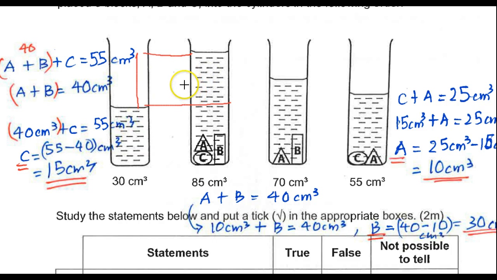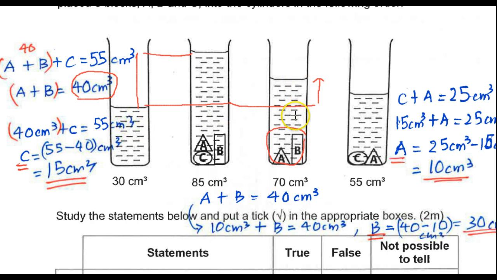Now, A plus B is 40 cubic centimeters. Where do I get this? Look here, A and B is 40. It means the water level rose by 40.